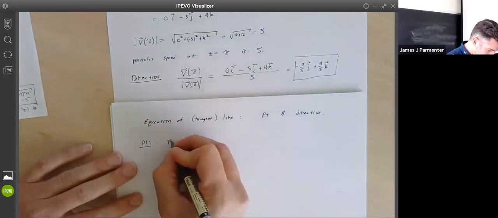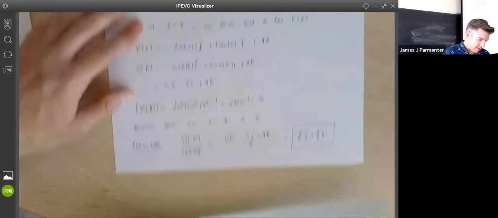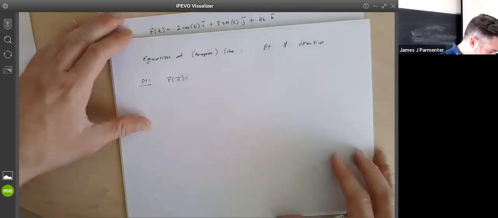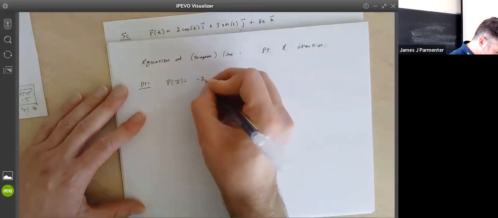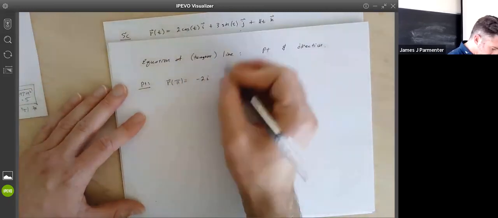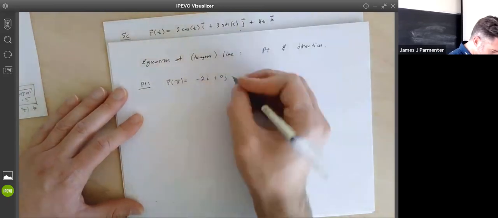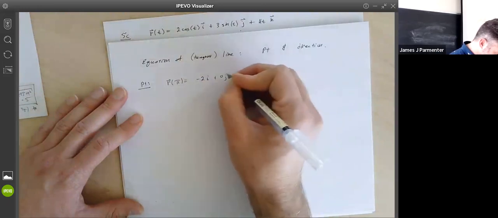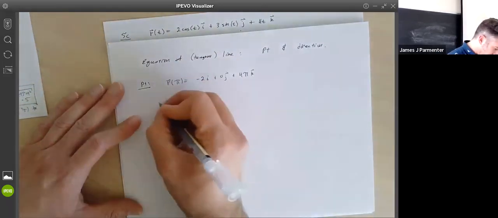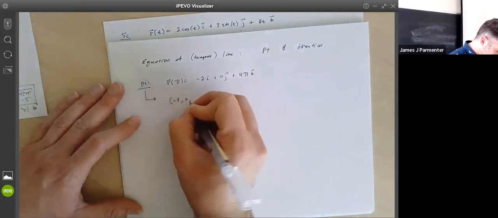So my point is r of pi, which if I plug in pi to my original equation, I'm going to get 2 times cosine of pi, which is -2i, 3 times sine of pi, which is 0j, and 4 times pi. Okay. So that's the vector, but the point I actually want is the point -2, 0, 4 pi.